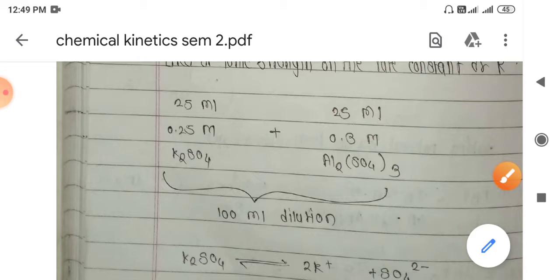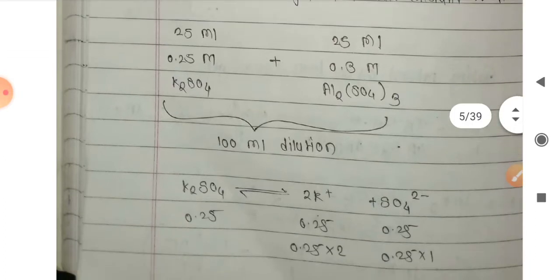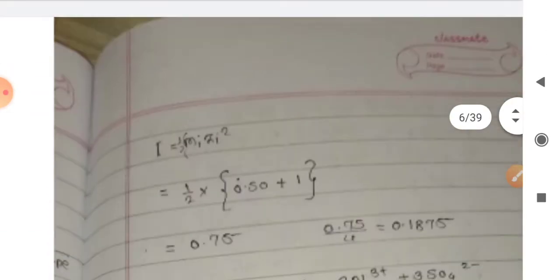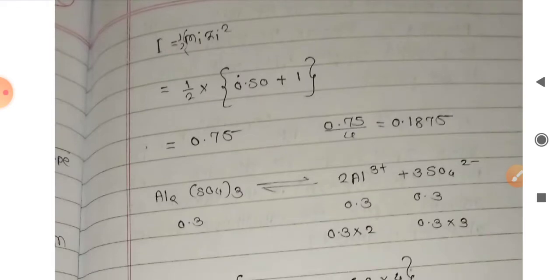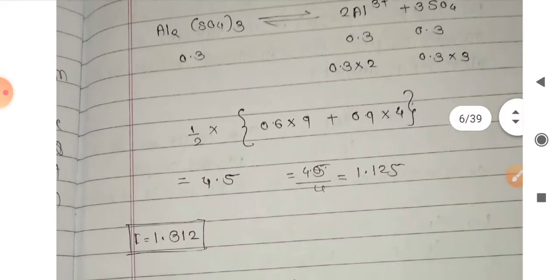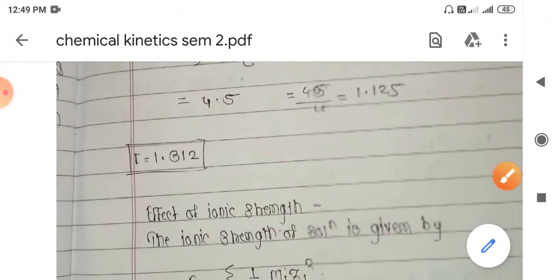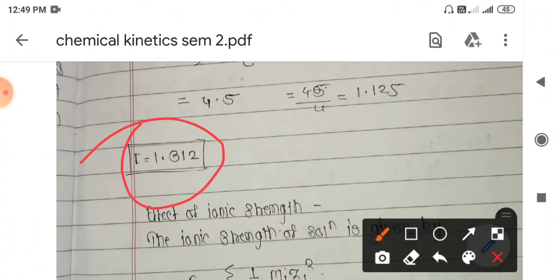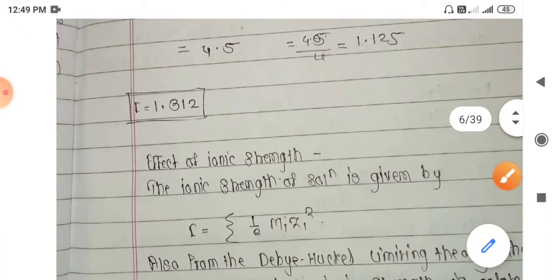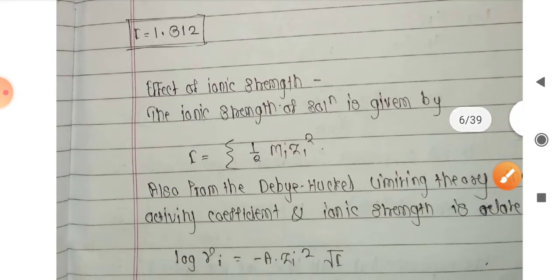Try to find the overall ionic strength of the solution. The answer should come out to be around 1.312.